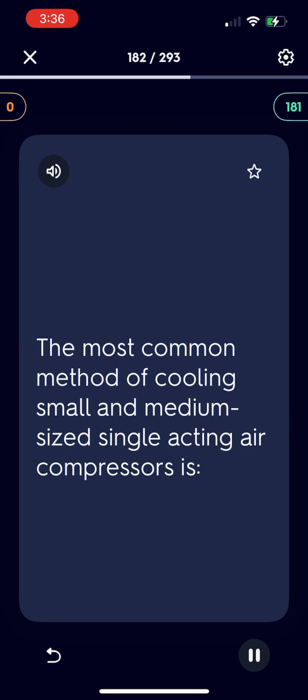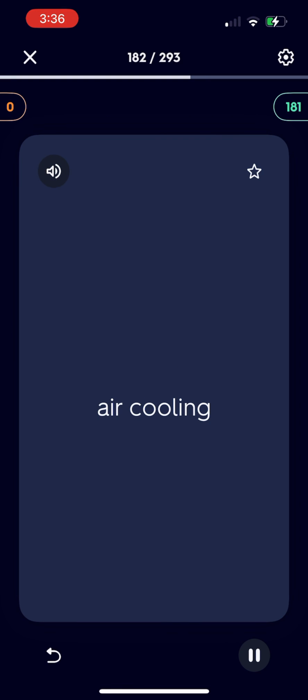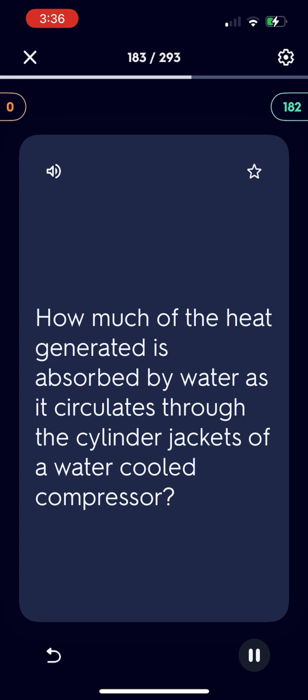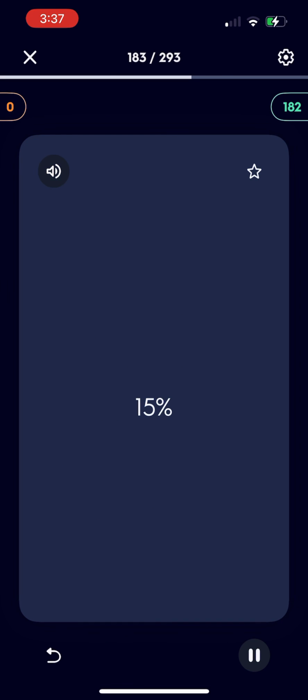The most common method of cooling small and medium-sized single-acting air compressors is air cooling. How much of the heat generated is absorbed by water as it circulates through the cylinder jackets of a water-cooled compressor? 15%.